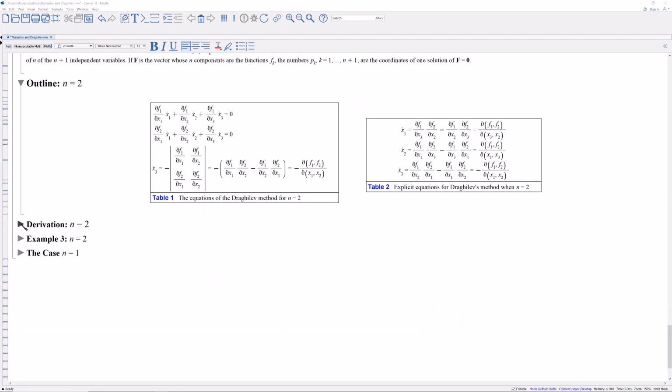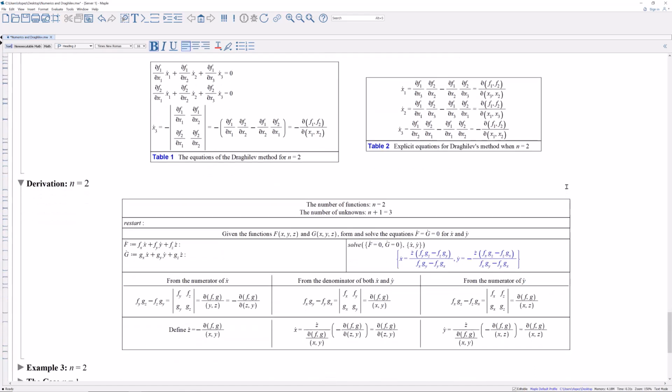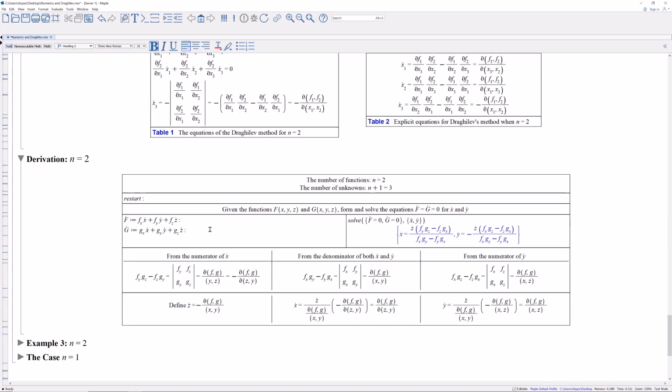We need to derive something, and we take the simple case: two functions and three variables. So we'll take as our two functions little f and little g, and we'll take as the variables x, y, and z.